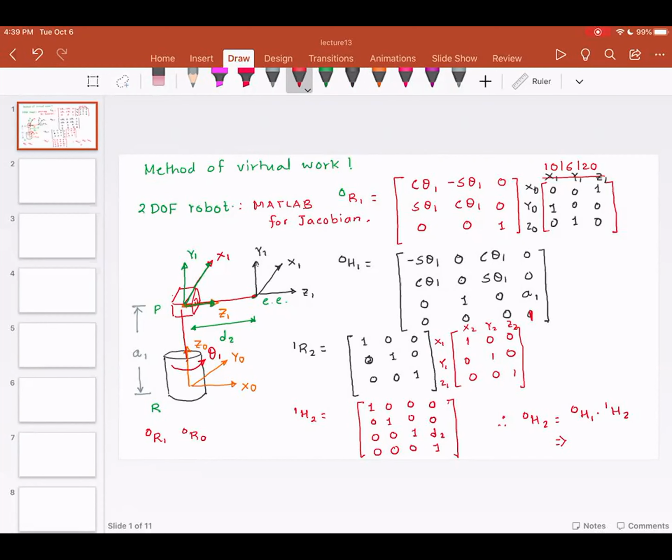The good news is the 0R0 matrix is an identity matrix, and the 0R1 matrix is nothing but the one we already found over here. So we have these two matrices.